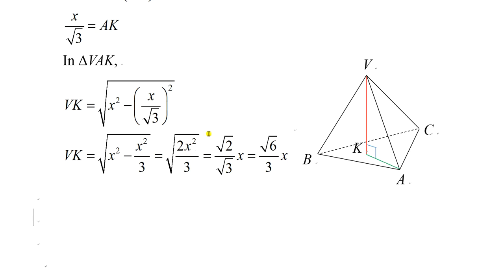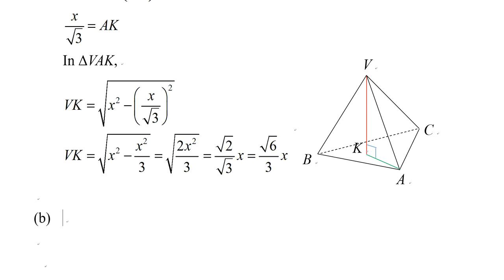And the square root of x squared becomes x. Numerator square root 2, denominator square root 3. Now rationalize the fraction. Multiply both numerator and denominator by square root 3, then you get square root 6 over 3 times x. That's the answer to part A. The height of the tetrahedron is square root 6 over 3 times x.